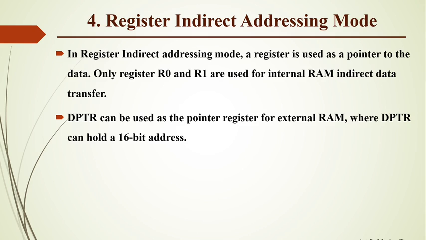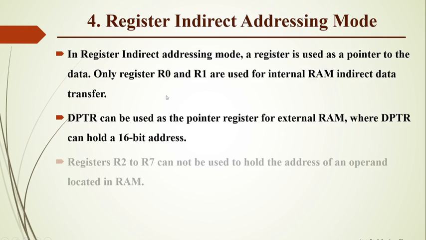DPTR can be used as a pointer register for external RAM, where DPTR can hold a 16-bit address. R0 and R1 are used to hold the 8-bit address, and DPTR is used to hold a 16-bit address. So these three registers are used to access the memory. They are used as pointers.